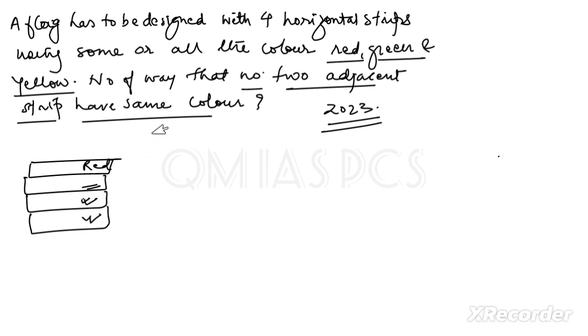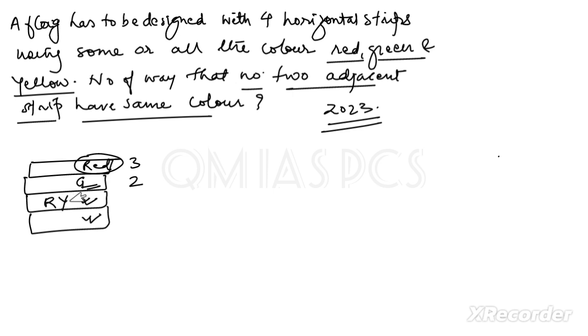So simply, by the position rule, in the first position we can fill any color, so we have three options. Let's say red is filled there. In the second position we can't fill red. Now we have the options green and yellow, so we have two options. Let's say we have green here. Now what can we fill in the third one? We have the option red or yellow.